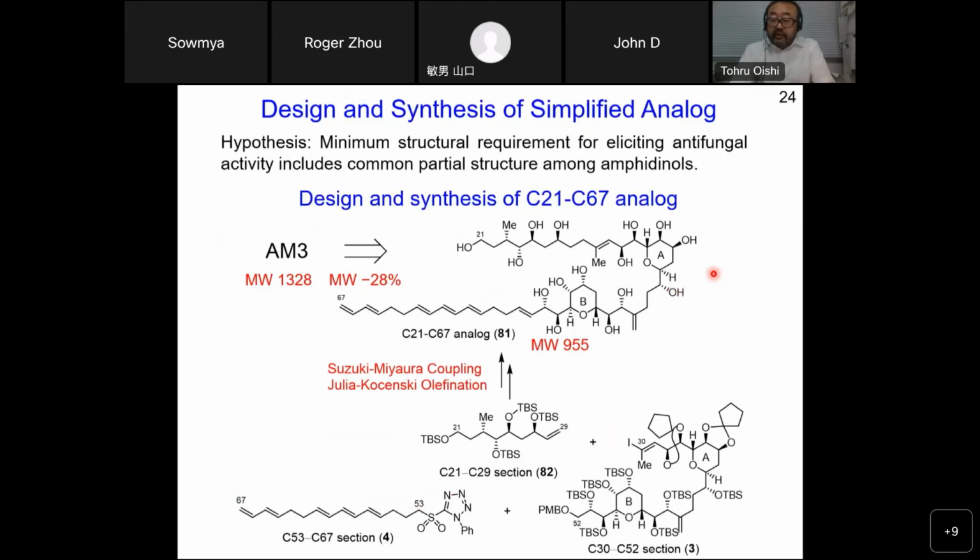Focusing on the common structure among amphidinol congeners, we designed and synthesized a truncated analog corresponding to the C21 to C67 section of M3. The molecular weight is 955, a 28% reduction from M3, the natural product.